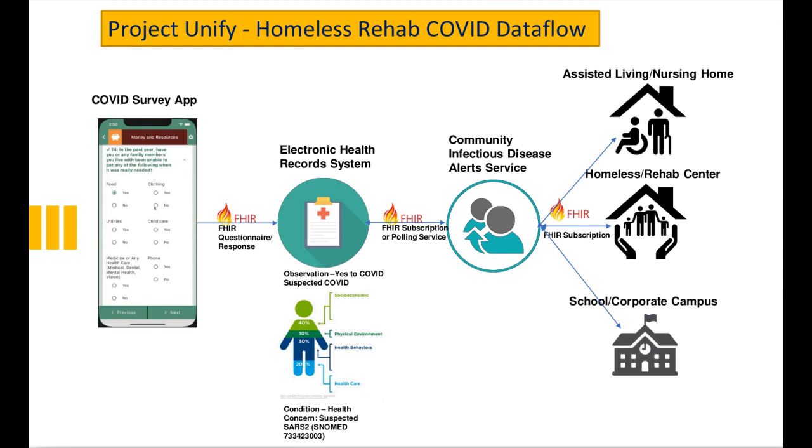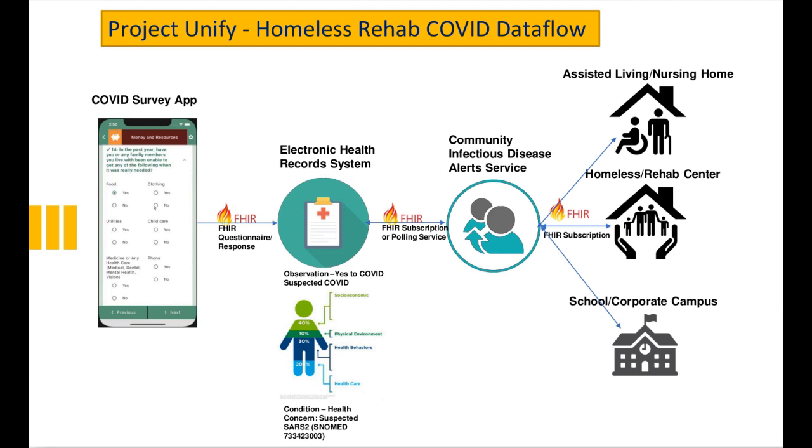This demo of a Community Infectious Disease Alert Service, or CDIS, was created by the National Interoperability Collaborative for a Project Unify user story in which a hypothetical persona scheduled to check into a homeless substance use rehabilitation facility is required to take a COVID survey associated with her primary care provider.